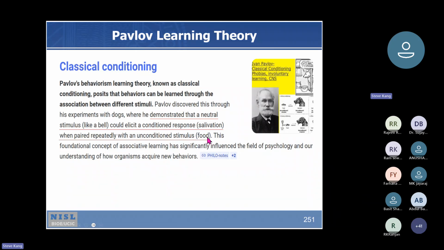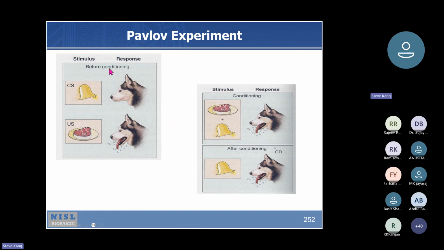So the dog will just salivate when it sees food because it knows it's tasty and it needs to eat, but wouldn't salivate when it just sees a bell. But when it's trained with the bell and the food together, after training, it's conditioned now. Even without the food, if it sees a bell, it will salivate. So that's a sort of training issue. Before conditioning, if it sees the bell ringing, it doesn't salivate. If it sees meat, food, it will salivate.